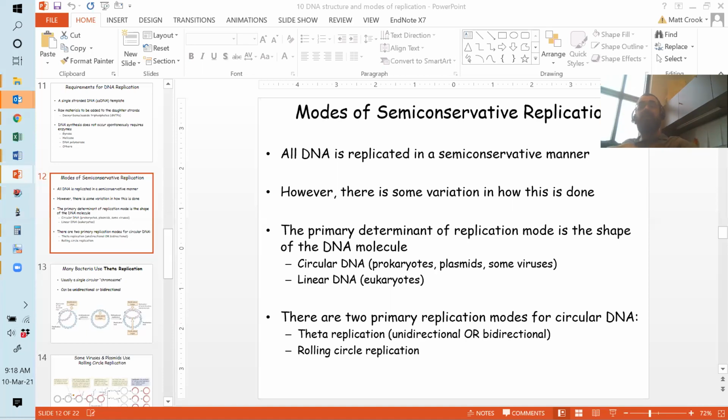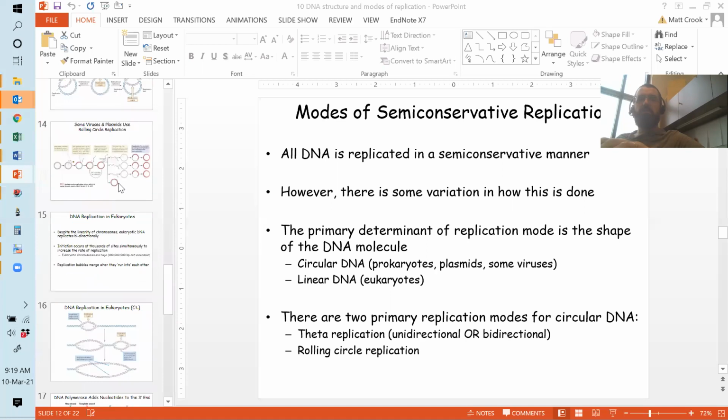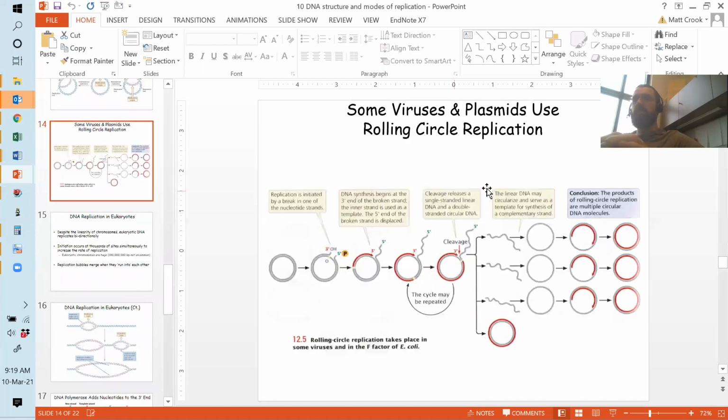Right, and so depending on what kind of DNA you're replicating gives you different ways of replicating that DNA, right? Because they have their own challenges, right? And so let's just do viruses first and plasmids, right?